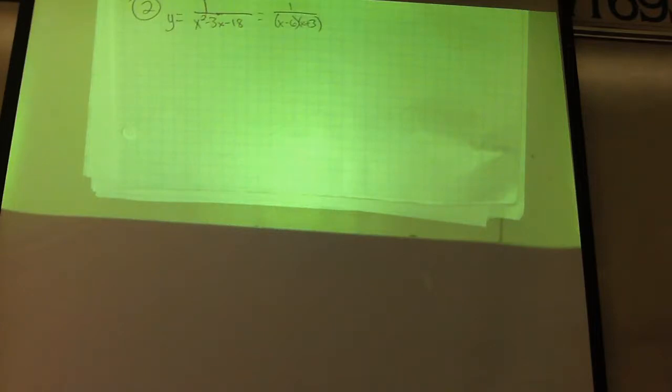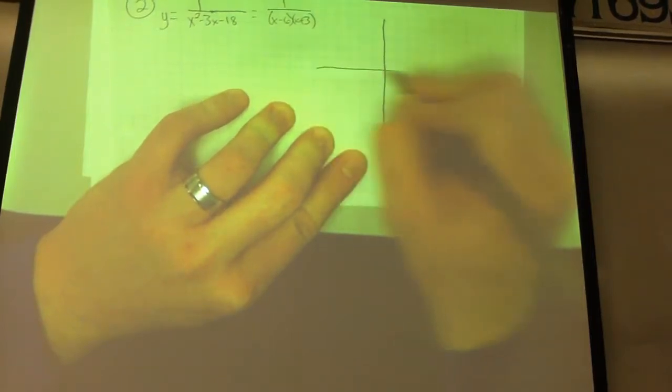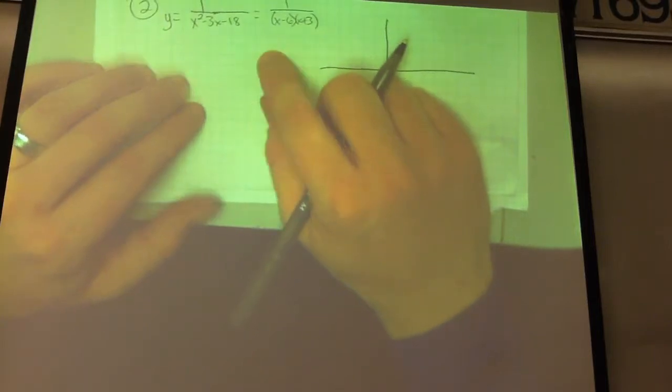Do you do x and y intercepts right now? No, I do the reciprocal first and then I do the intercepts. It doesn't matter. I would do it right now. I do the original and then I do the +6 and -3. I do the inverted part, the reciprocal of these.